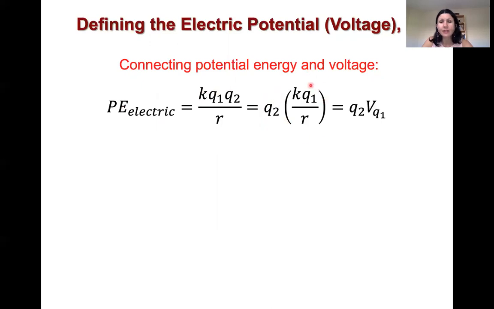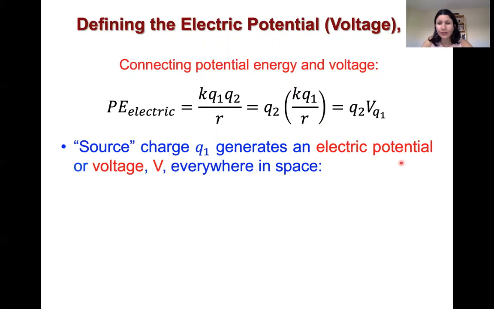And then there's going to be a charge Q1. So we're just taking this equation and splitting it into these parts. And what we're going to define this to be is the voltage which is generated by charge Q1. So in other words, there is the source charge Q1, which generates an electric potential or voltage.